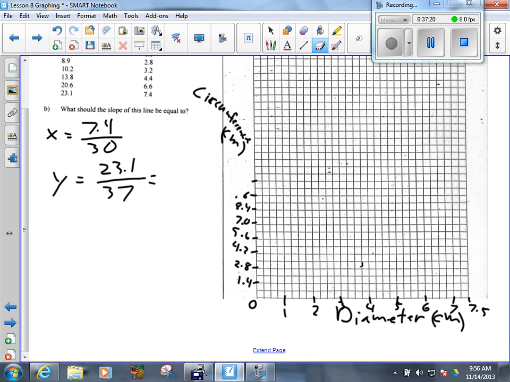What am I doing there? 12.6, and then this will be 14, and then I won't be able to draw on this one, but that would be 15.4, and then 16.8, 18.2, 19.6, 21.